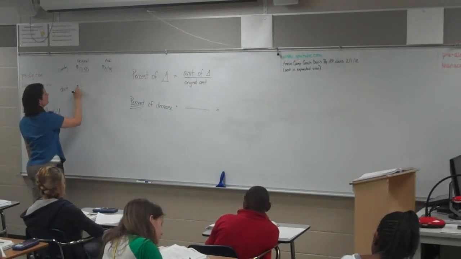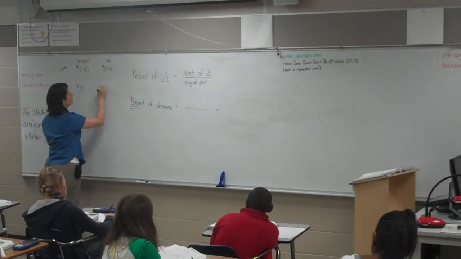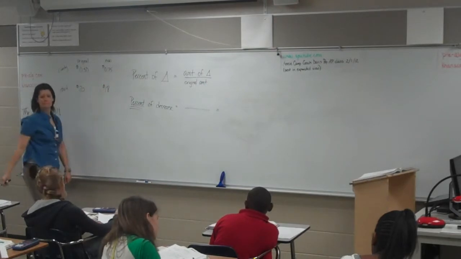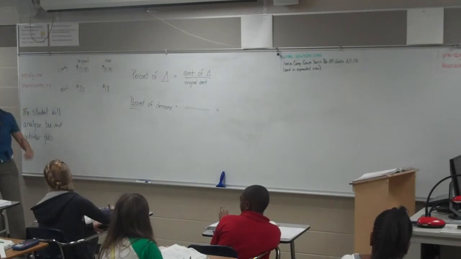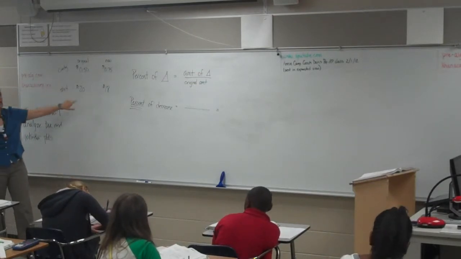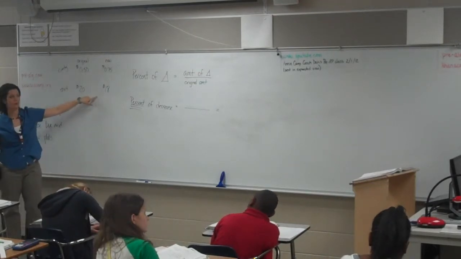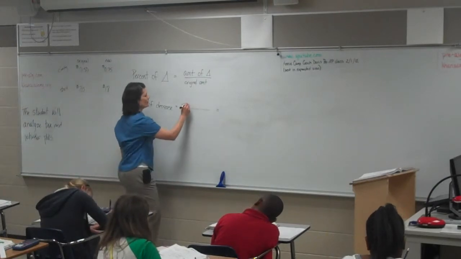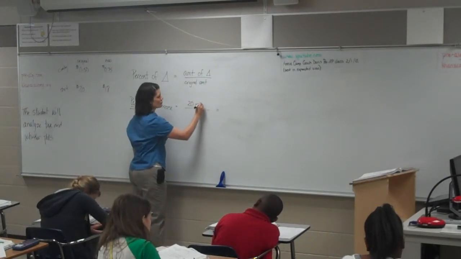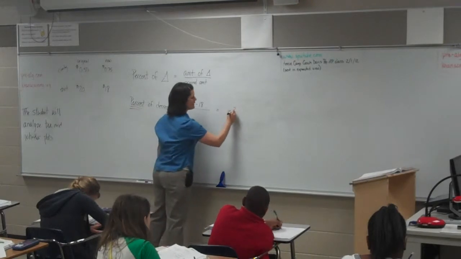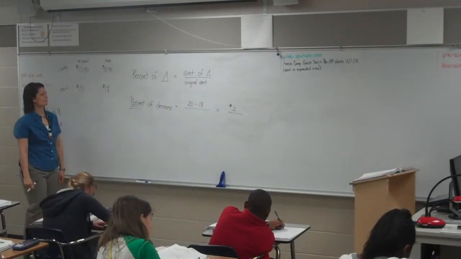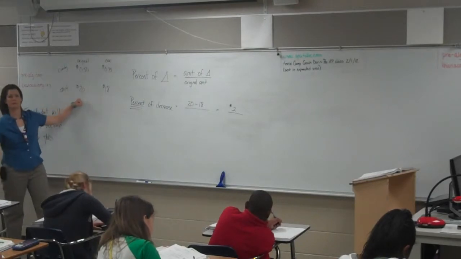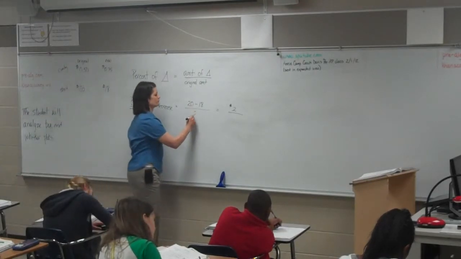The original amount was $20 and now it is $18. We got a sale. So, what is the amount of change on this shirt? $2. Which is big number minus small number. So we have a $2 amount of change. What is the original amount? 20. Here's your original amount. That goes on the bottom.